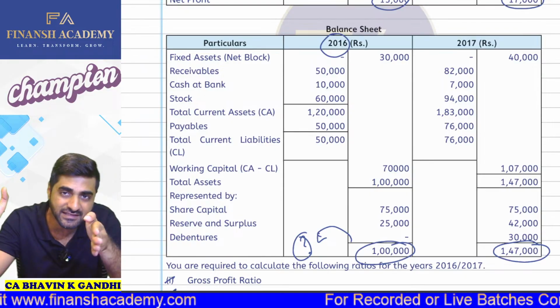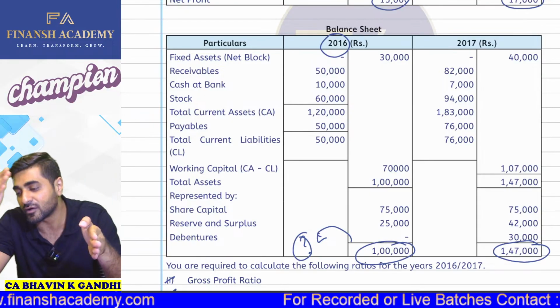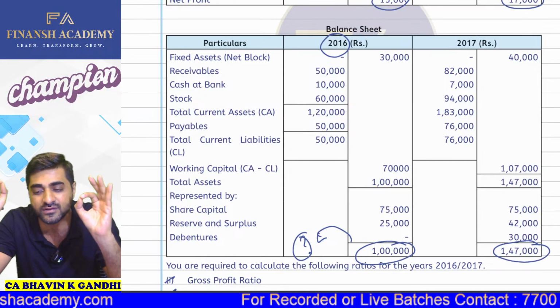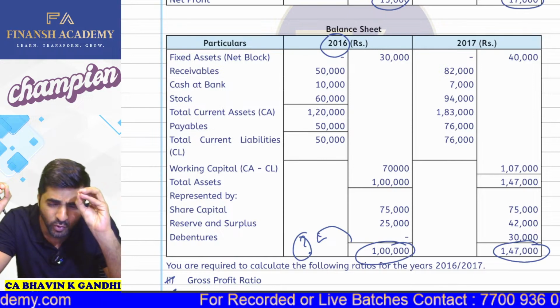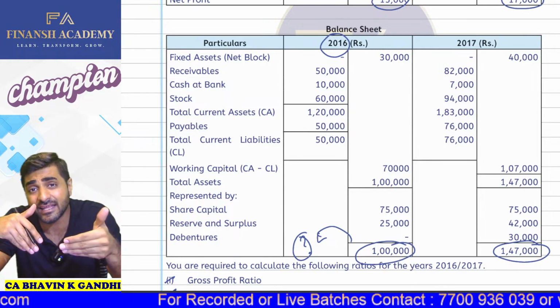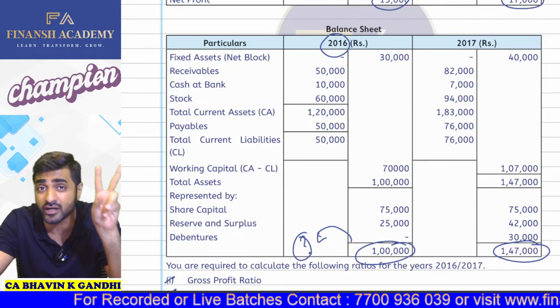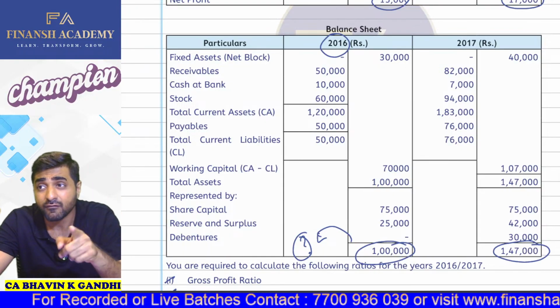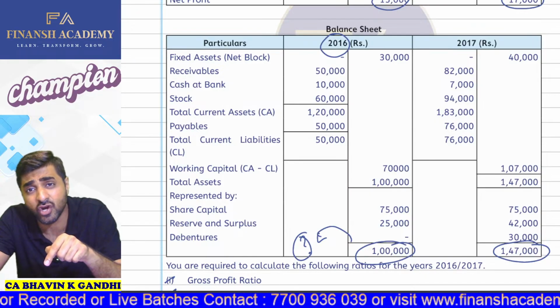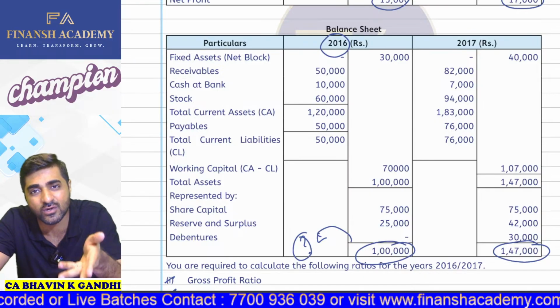So for 2016 also, I should take closing capital employed. For 2017 also, I should take closing capital employed. Though they have specified it, I'm just telling it to you that if the ratios are required to be calculated for 2 years and for the first year, if opening is not available, then we'll definitely take closing.